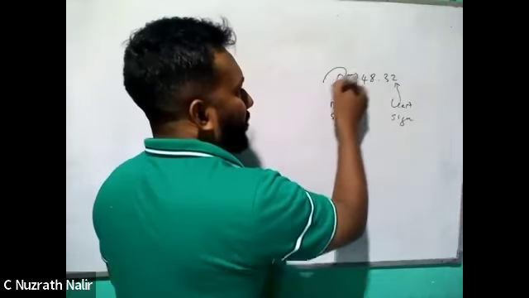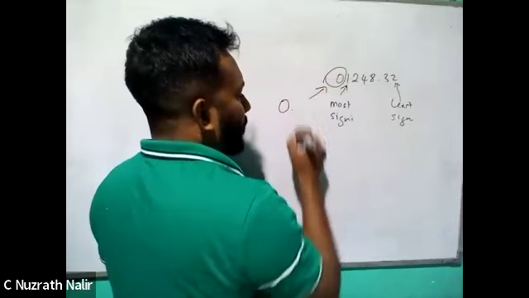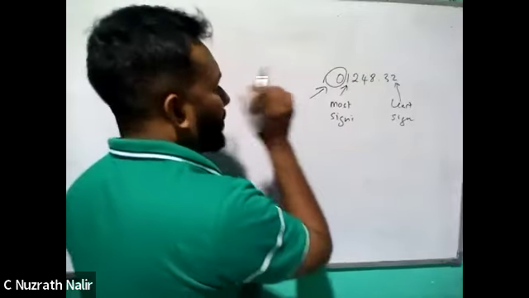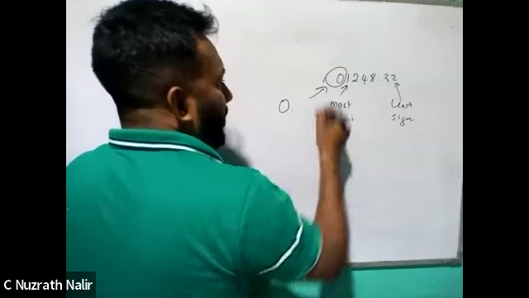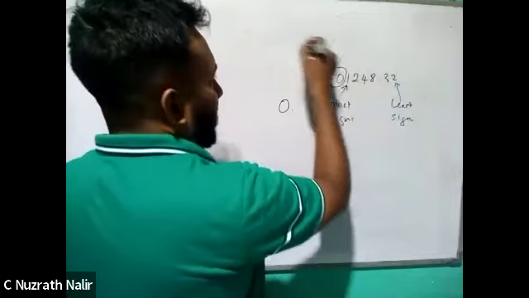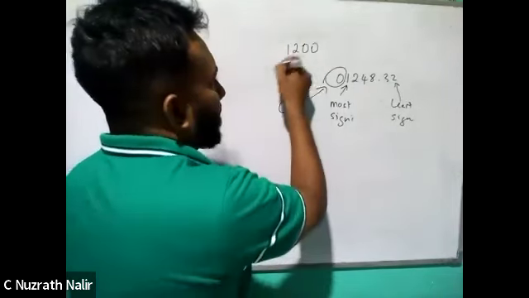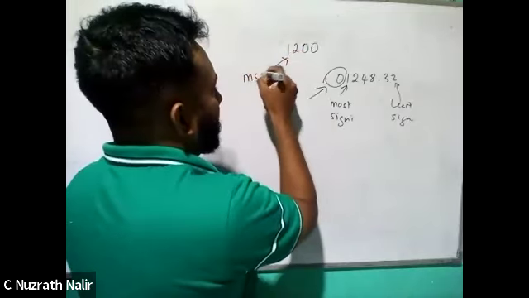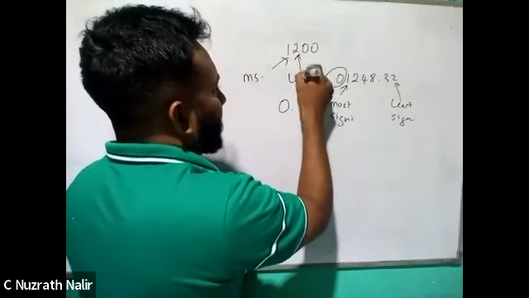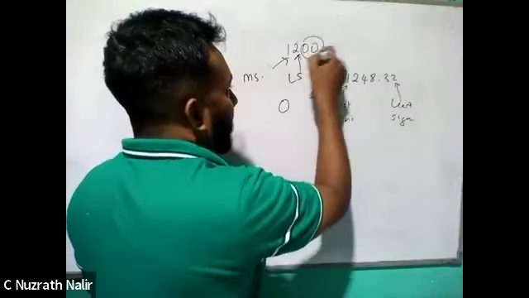Okay. So we do not take the zeros. Why? Because when you are multiplying, even though it is on the left side corner, take 1, 2, 0, 0. Here 1 is the most significant and 2 is the least significant. We do not take the zeros. Why?